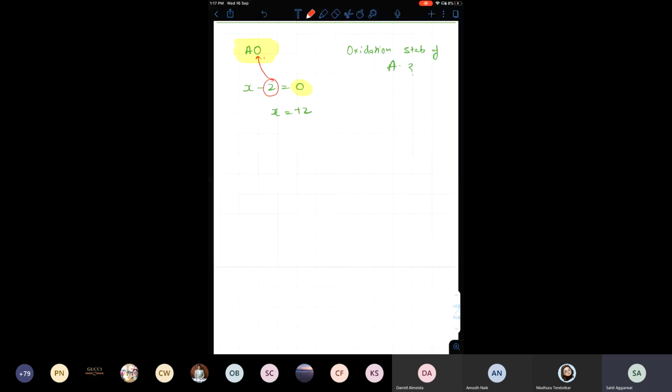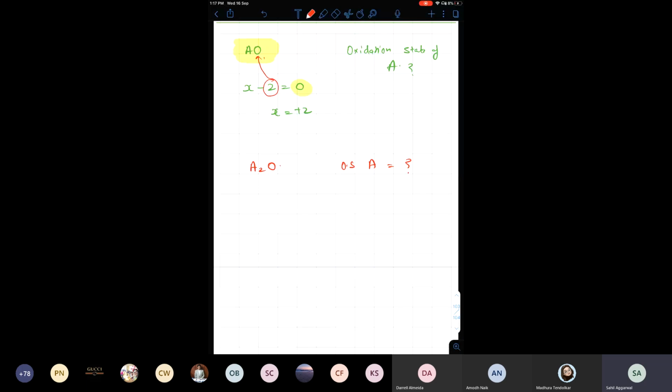अब अगर मैंने आपको दिया A2O, what is the charge on A? Oxidation state of A. Shruti, please make it +2. अगर आप साइन नहीं बना सकते हो तो लिख दो PLUS. But it should be very much clear. Oxidation state charge के साथ ही लिखना है.